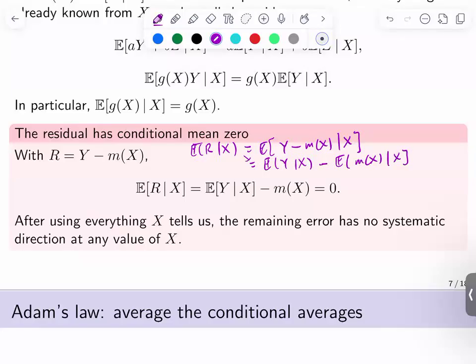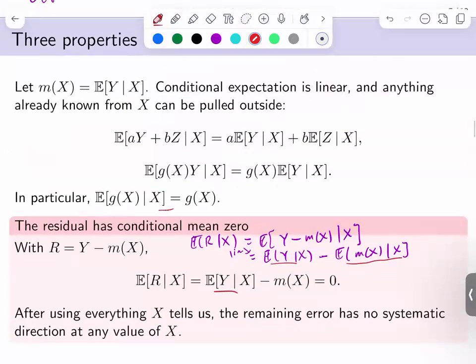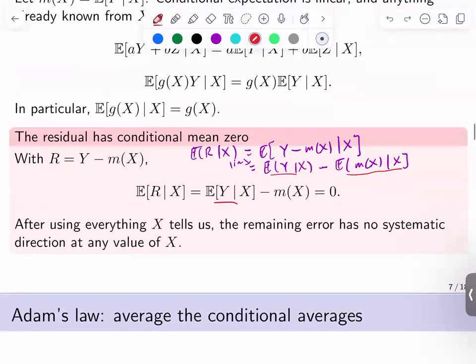This is by linearity. So this is exactly as the one here. This comes out because of this property. Because m of x is a function of x, it comes out, you get that. But notice that this is really m of x by definition, so this turns out to be 0. So the conditional mean of r given x is 0.